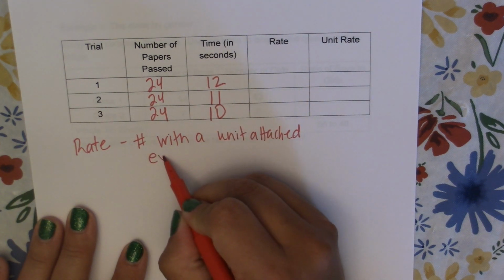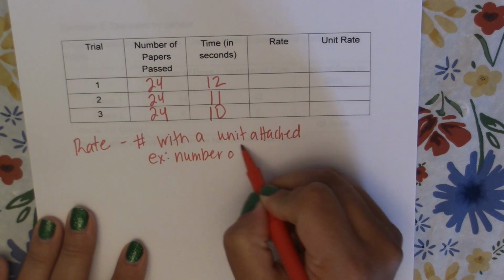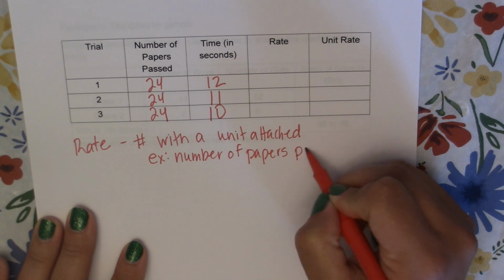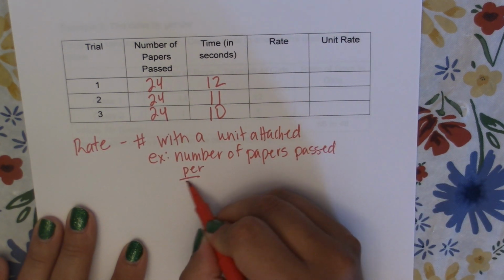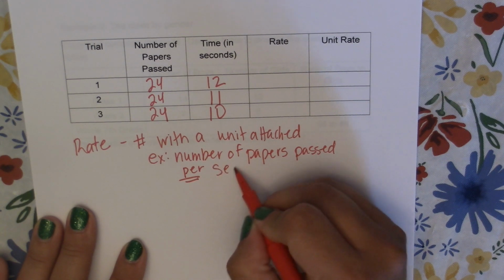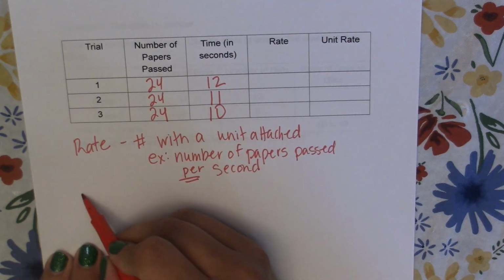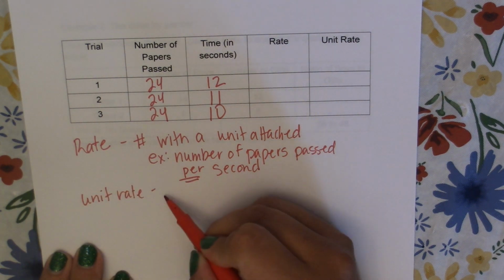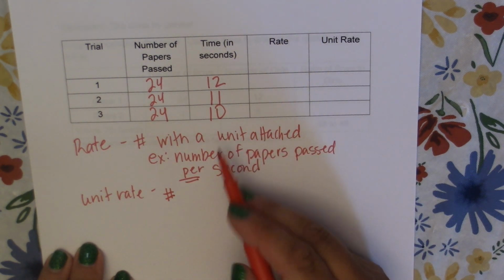Per is our key word here. When we're looking at a unit rate, we're looking at just the number, so we don't necessarily have our unit attached.